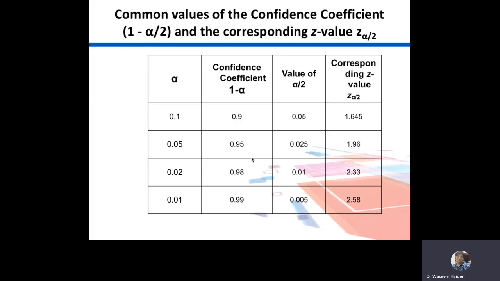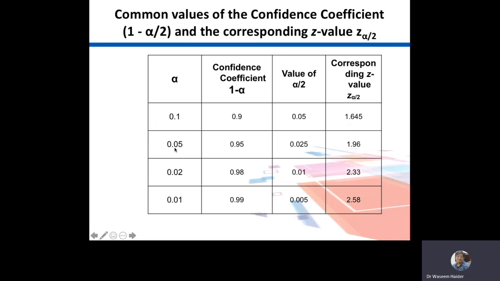Common values of the confidence coefficient 1 minus alpha and corresponding z values for alpha/2. If alpha is 0.1, the probability of error is 0.1 or 10%, our confidence coefficient 1 minus alpha is 0.9, and here we are constructing a 90% confidence interval. Alpha/2 will be 0.05; we take this 0.1 and split it into two halves, and the z value is 1.645.